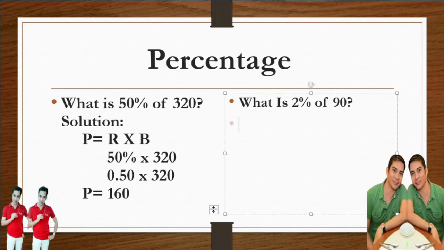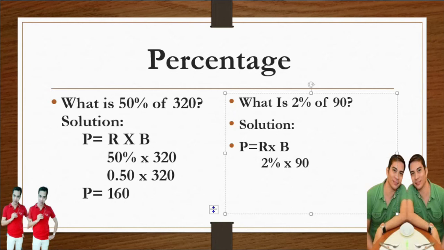Another one. What is 2% of 90? Solution. Formula. P equals R times the base. Then, substitute natin. The rate is 2% times the base is 90. Then, change percent into decimal. 2%.